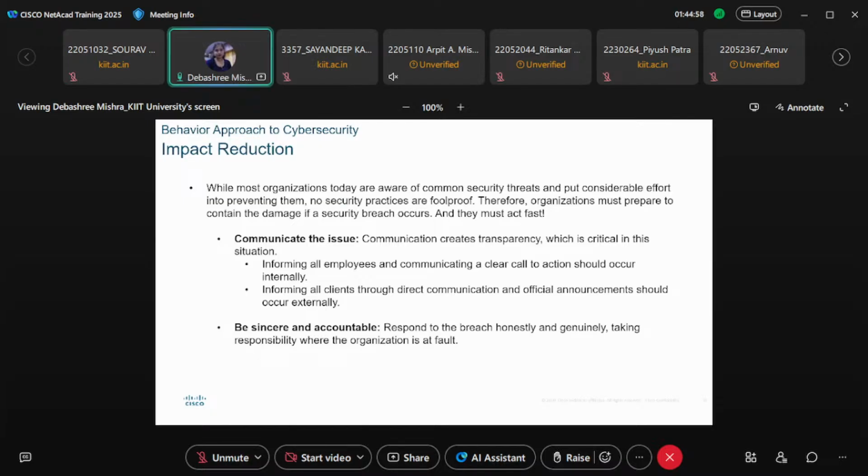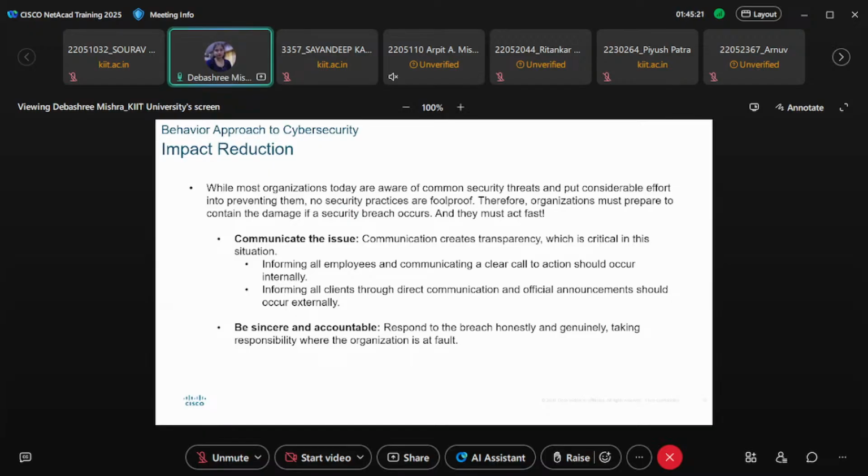In this impact reduction, as the name suggests, whatever impact has been done to that particular network, or any threat that has already taken control of the organization's data or anything that got sacrificed. So what does impact reduction do?